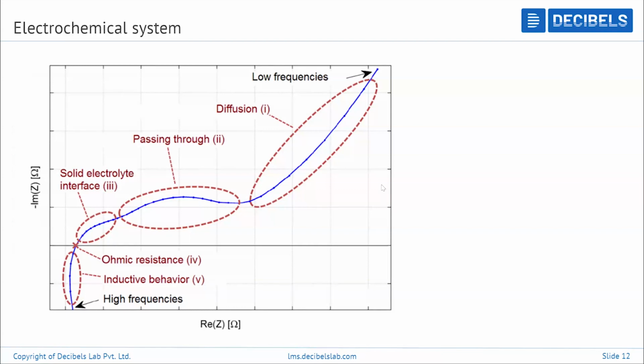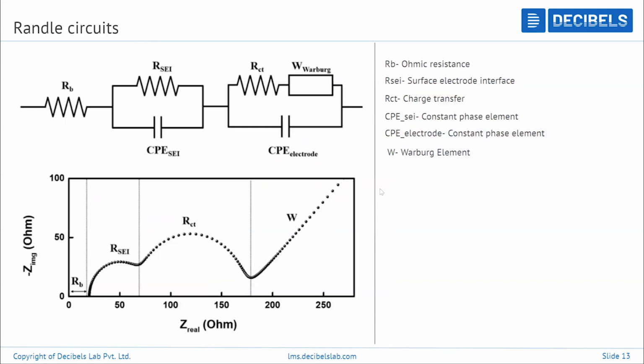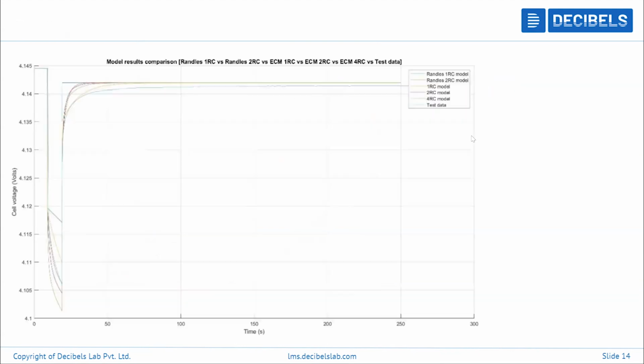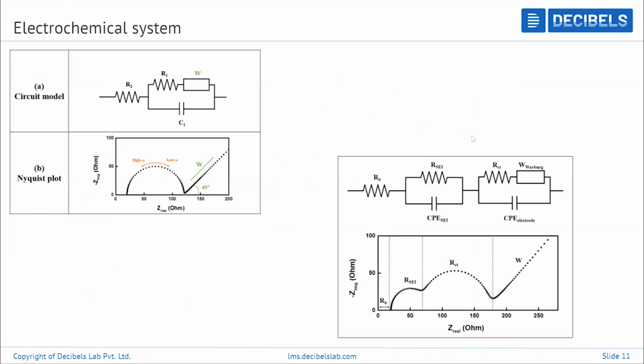Okay. So the next thing, this is the same which I was explaining: ohmic resistance, surface electrode influence, charge transfer.